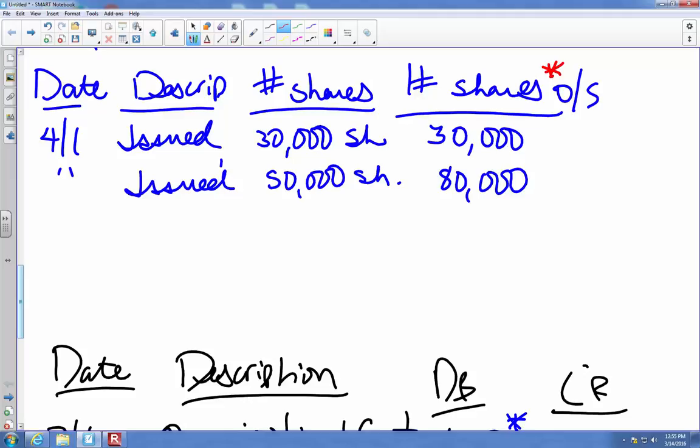So what's the fair market value of these shares today? I think the fair market value is $22, right? But the par is 15. And what they do tell me is they can give me a down payment of 40% right now. So I'm getting some cash.